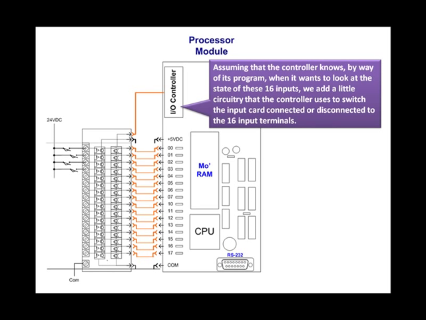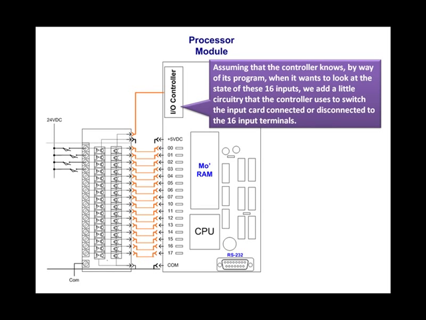This gives the controller a method of energizing or activating a specific group of 16 inputs by sending a signal to a decoder by means of a 4-bit line or a 4-bit signal.